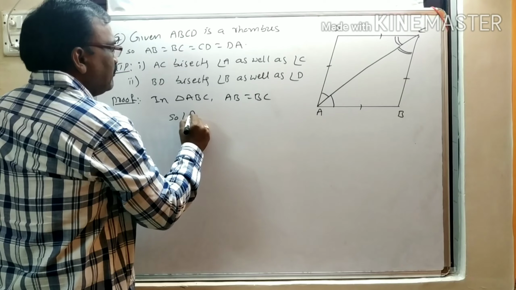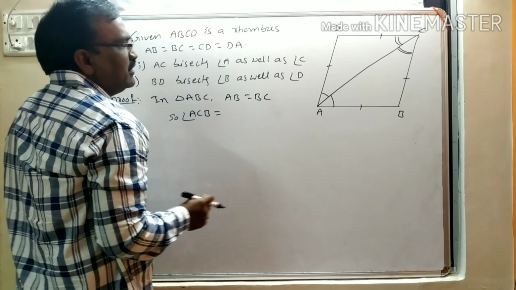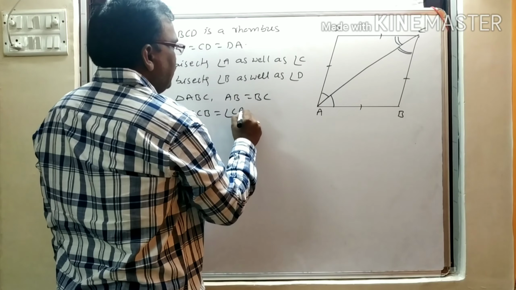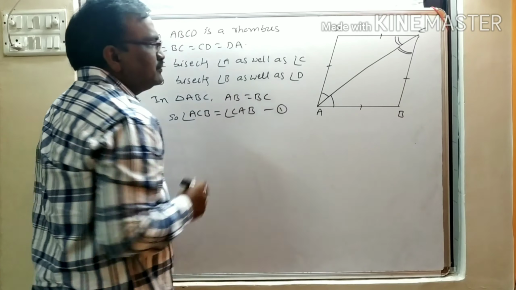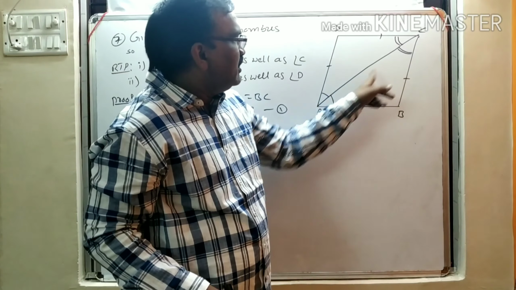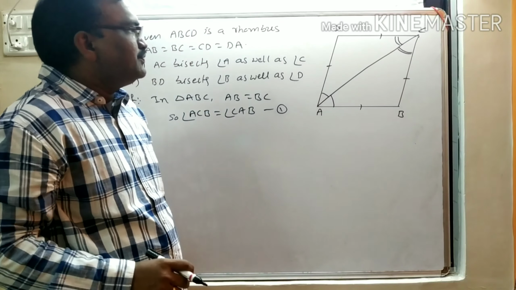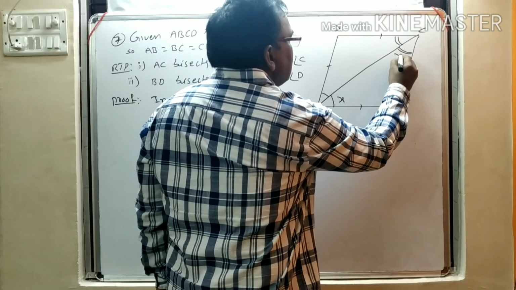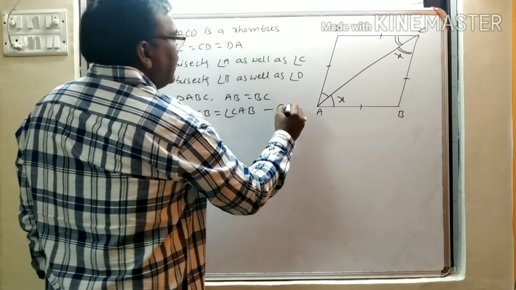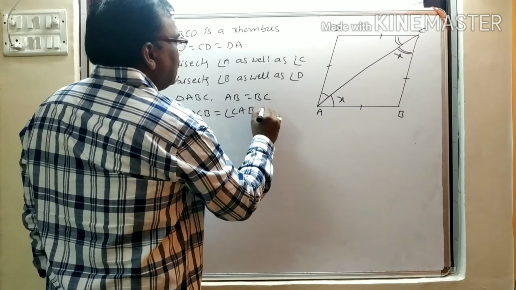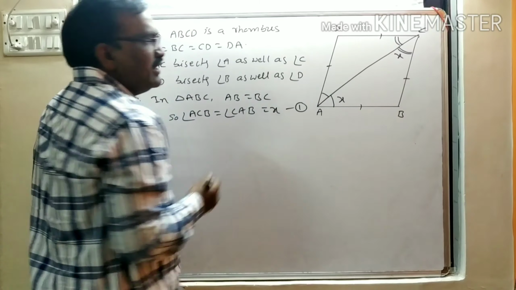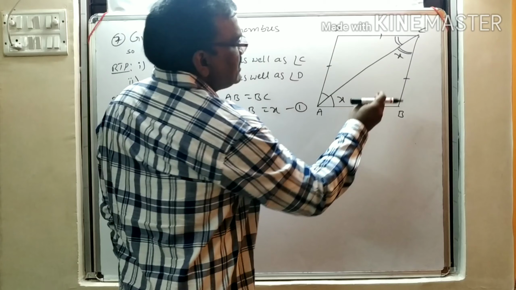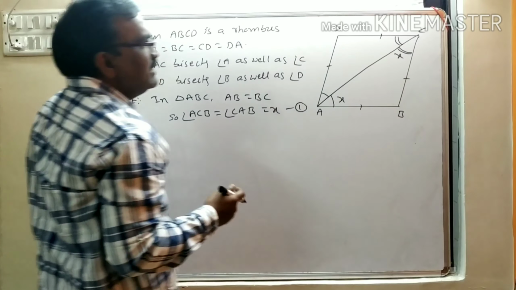So angle ACB is equal to angle CAB. Suppose this is x, this is also x. This is 1.